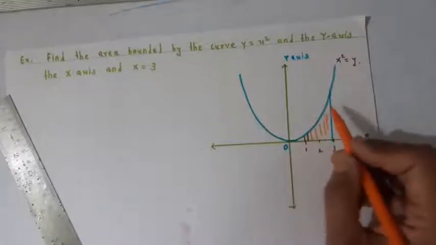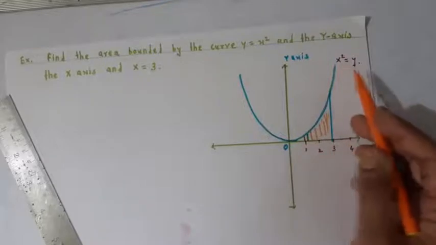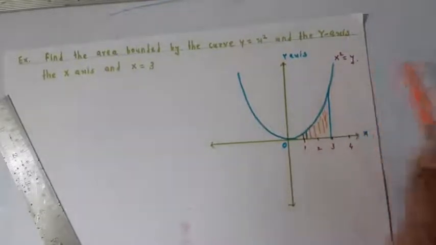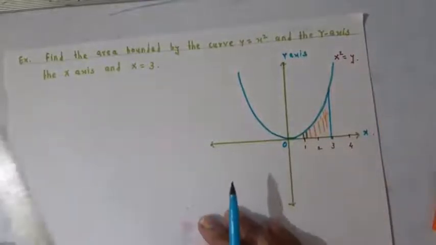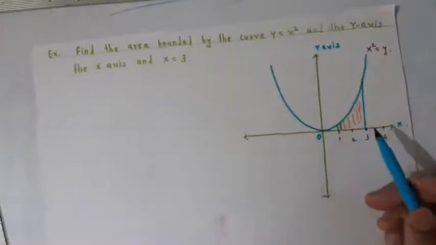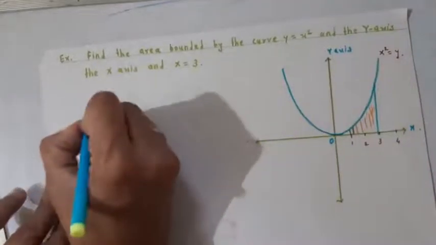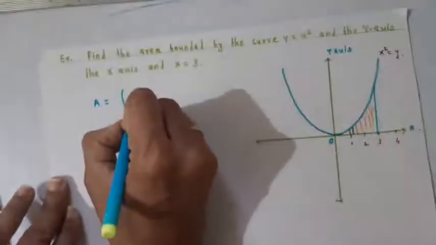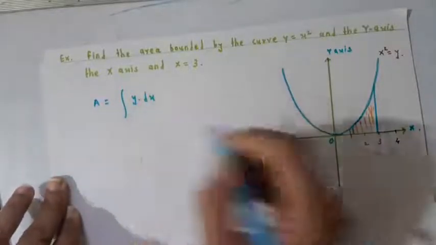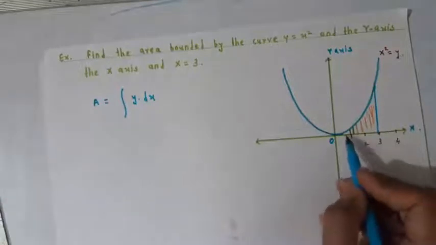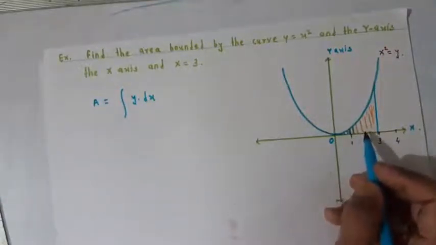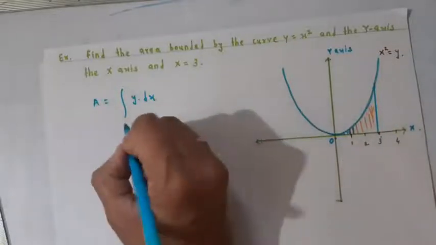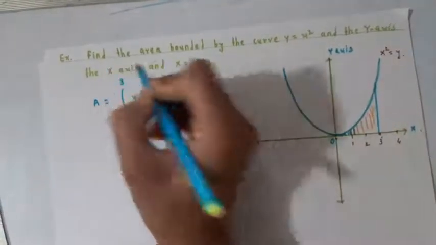So here the curve is y equal to x square, means here y is a function of x, and we have to find the required area, this area. The required area is given by the integral of y with respect to x, and the limits of integration are from x equal to 0 to x equal to 3.